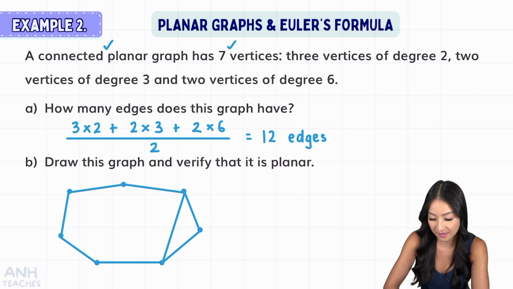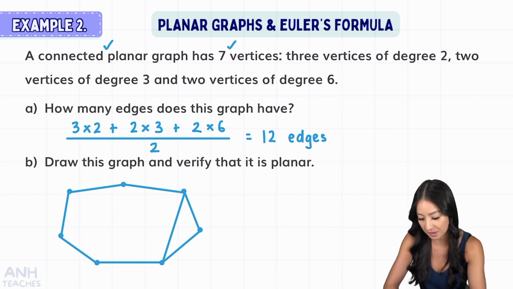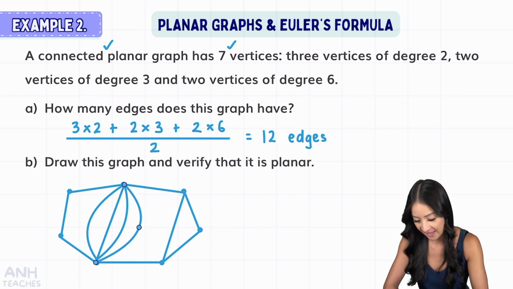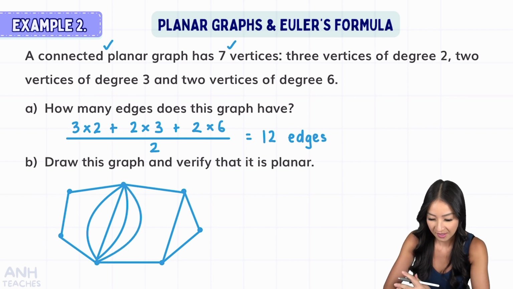And then 2 vertices of degree 6. So between another 2 vertices, I'm just going to add a whole bunch of edges. So I've got this vertex here that has a degree of 2. I need to increase the degree by 4. So I'm going to add 1, 2, 3, and 4 edges there.